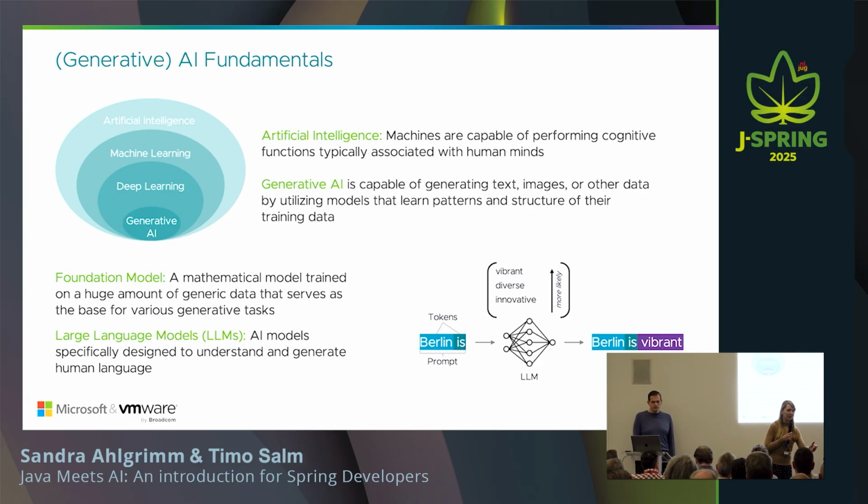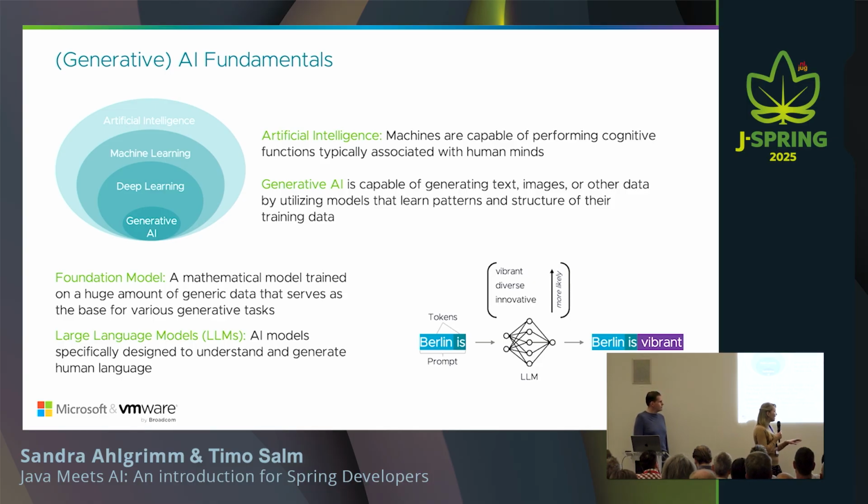Then with foundation models, we were able to get this data into context and use different domains together. And now we have large language models, which are able to understand human language and also give the data back as human-like language. That's the main thing to set the stage here.